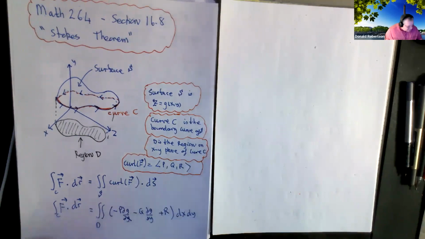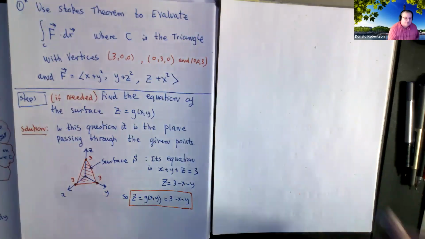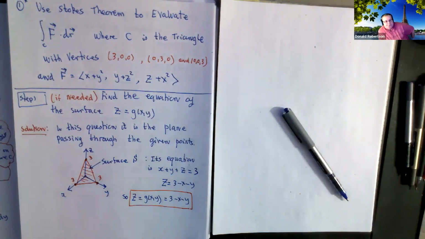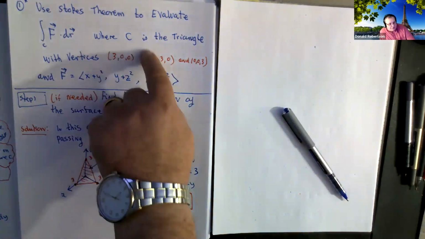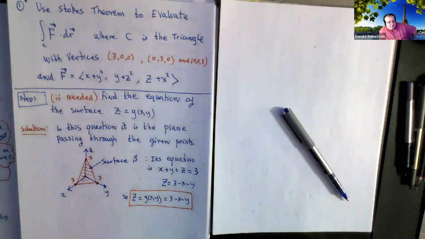Let's jump right in and start with our first example then. And this is basically a version of question 1. All of them mention use Stokes' theorem, I think, except the last question. And that's helpful, but you probably would, when you see the situation, know that you have to go that way.